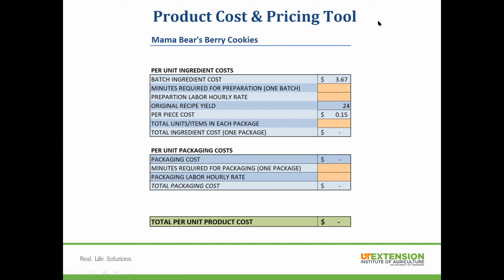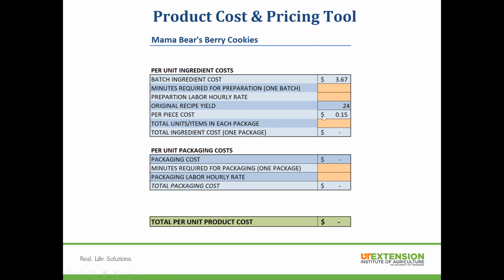So the total ingredient costs to make the 24 cookies based on the prices we've put in is $3.67. And if that makes 24 cookies, that means that our price per cookie is 15 cents. Is everybody with me so far? If you have any questions, let me know.